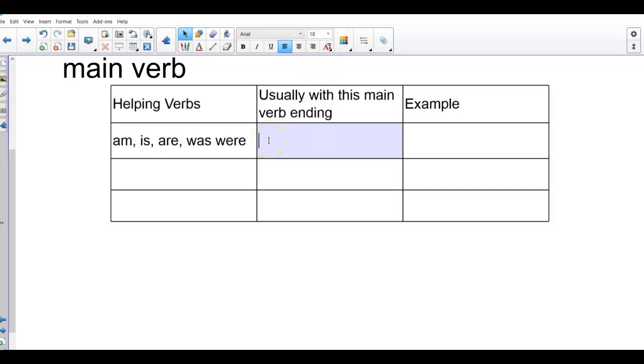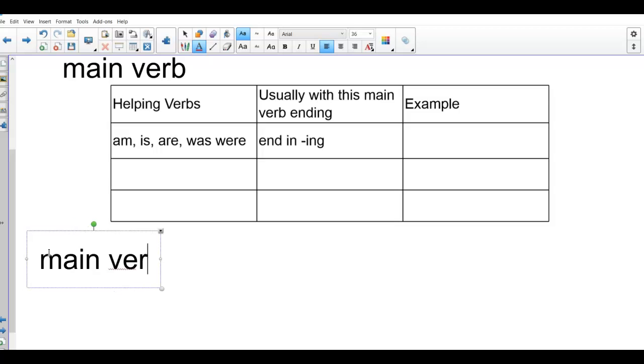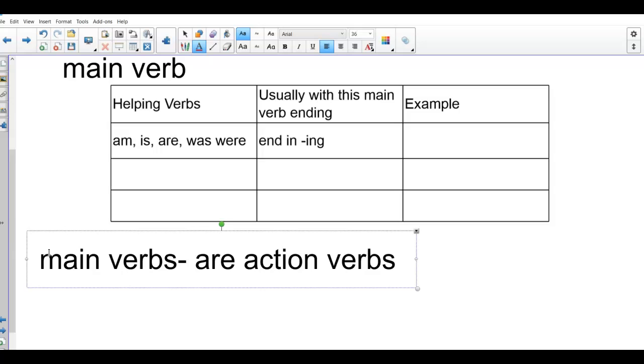They are going to go with action verbs that end in ing. So your main verbs, and I'm going to put that down here, your main verbs are your action verbs. Main verbs are action verbs.